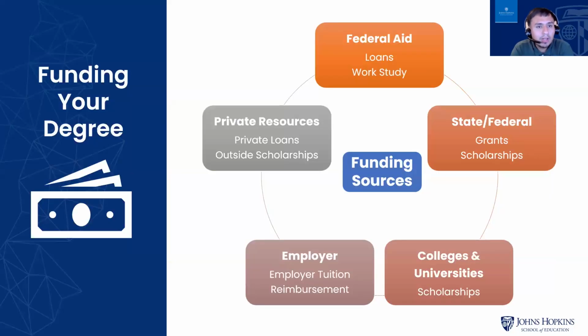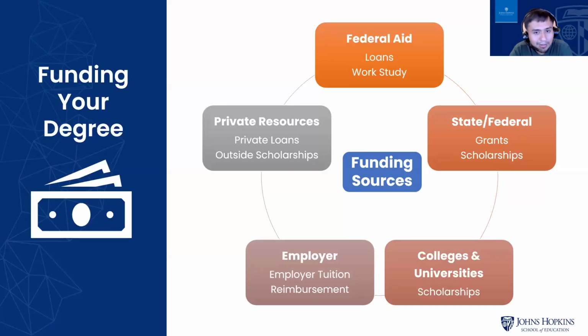So when it comes to funding this degree, you want to think of various buckets. Federal aid, loans, and work study is one bucket. We do encourage students to submit the FAFSA as you're applying to the program. The other bucket potentially could be state and federal grants and scholarships, and then also college and university scholarships, in terms of our own endowed scholarship opportunities.